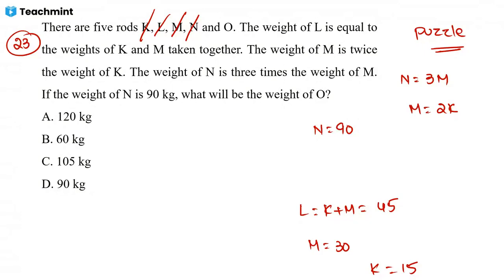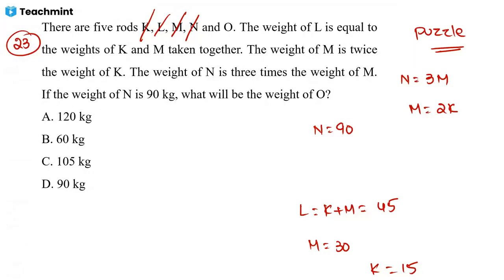The weight of M is twice, fine. N is thrice. Okay, if N is 90, they can ask if O is heaviest, which means we have more than 90, two options, 105 and 120.